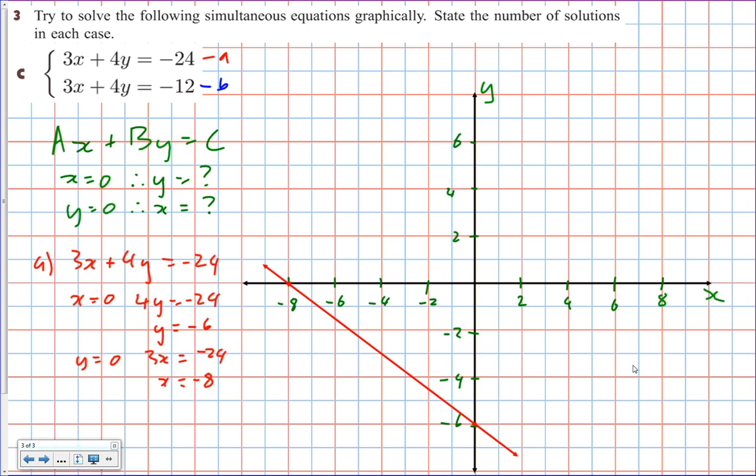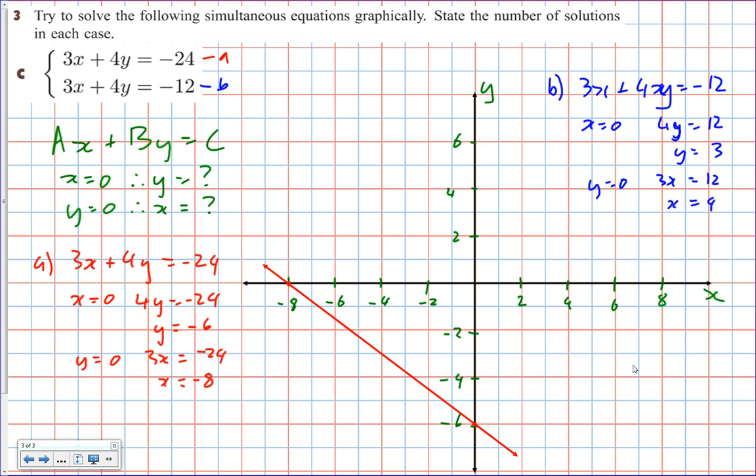And so B, do B over here, my calculations. I've got 3x plus 4y equals negative 12. Oh sorry, y, my mistake. So x equals 0, 4y equals 12, so y equals 3. y equals 0, so 3x equals 12, x equals 4.